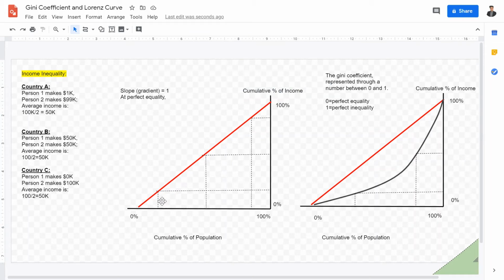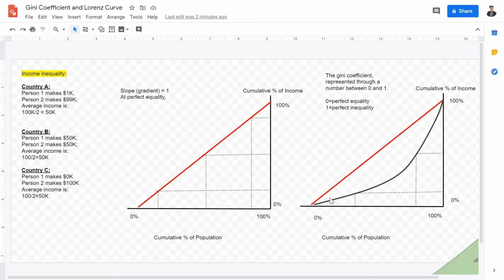So 10% of the population will have 10% of the income, 50% of the population will have 50% of the income, and the top 10% of the population will also only have 10% of the income. So this is perfect equality, where each individual in this country is making the same amount of money and is therefore represented by a perfect slope with a gradient of 1. Where all is perfect.